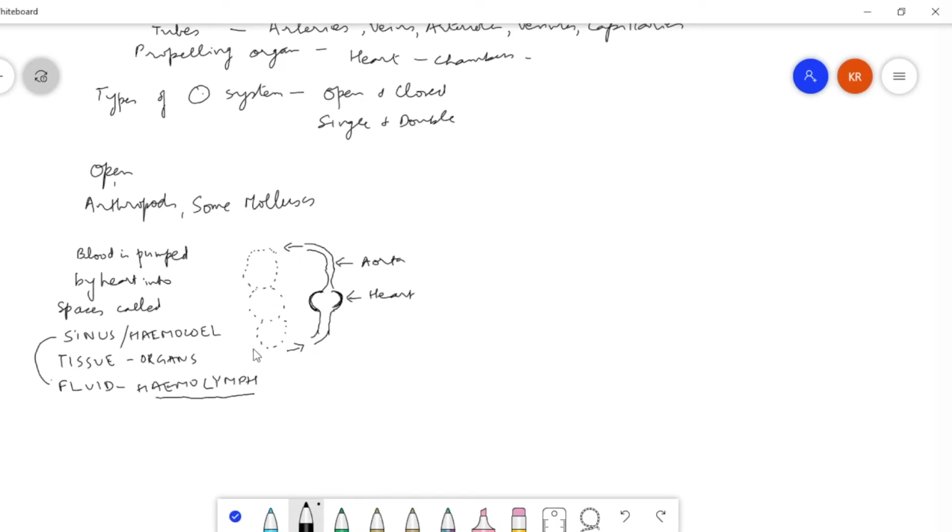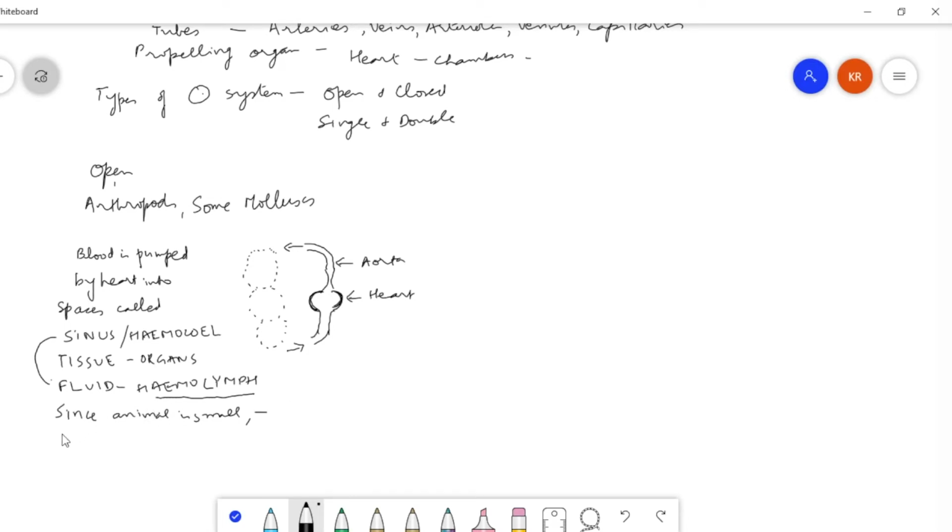Which means that there are no tubes and there is no system by which it is properly getting circulated in the hemolymph. But since the animal is small sized, the system works.